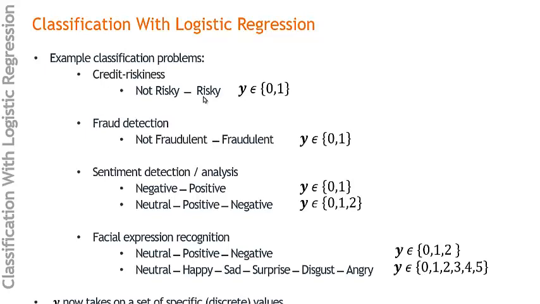Right, so in all of these cases, we're assigning an outcome to individual cases. And that outcome for these cases is either 0 or 1 because we're deciding between 2 classes. And in cases like this where we have more than one class, you would assign different possible outcomes.